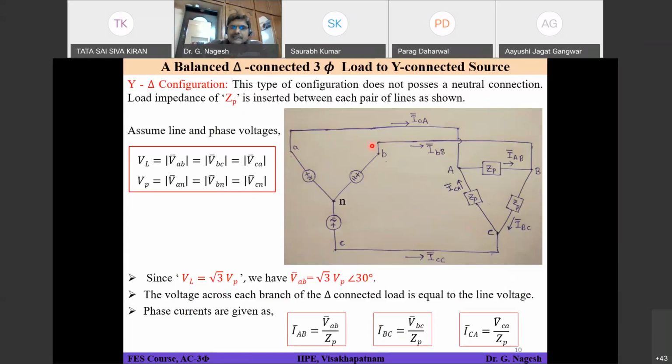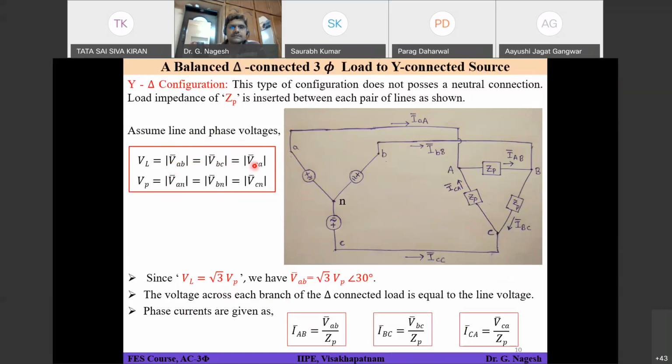So we have seen star connected source connected to star connected load. Now we'll see star connected source connected to delta connected load. Source side everything remains the same. Assuming line and phase voltages, the amplitude of all the phase voltages should be the same, since it's a balanced source, and line voltages should also be the same. Line voltage RMS value will be the modulus of the VAB phasor, same as the modulus of the VBC phasor.